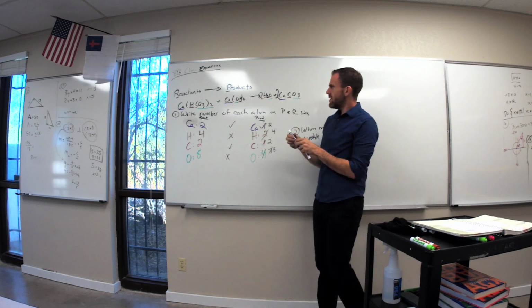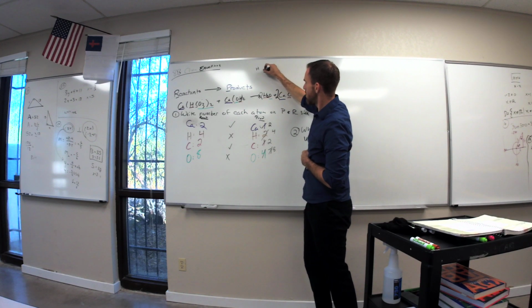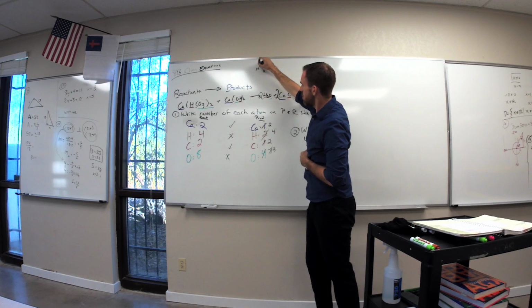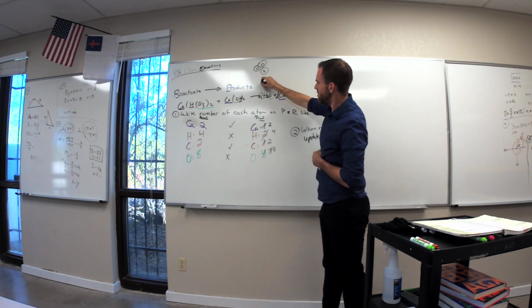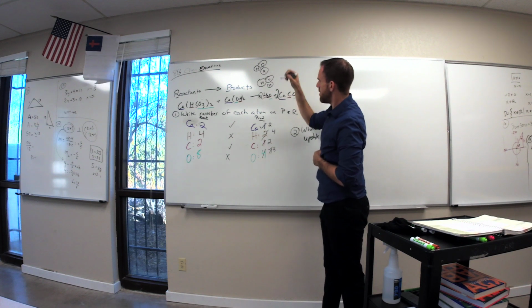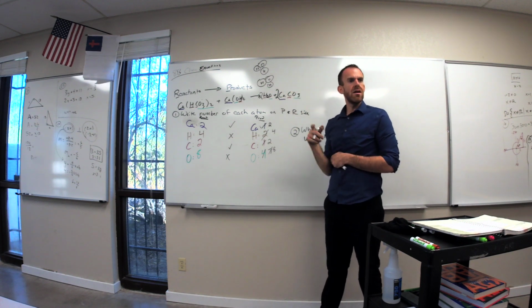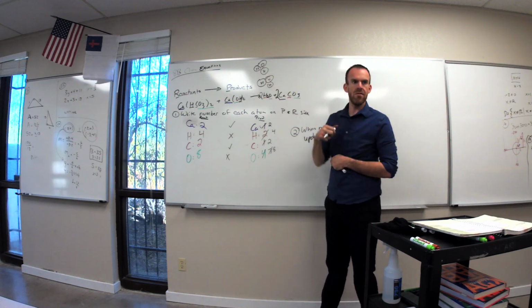So here, if I were to write out everything, I have 2 hydrogens and an oxygen. I have 2 hydrogens and an oxygen. Okay, how many oxygens do I have? 2. How many hydrogens do I have? 4.